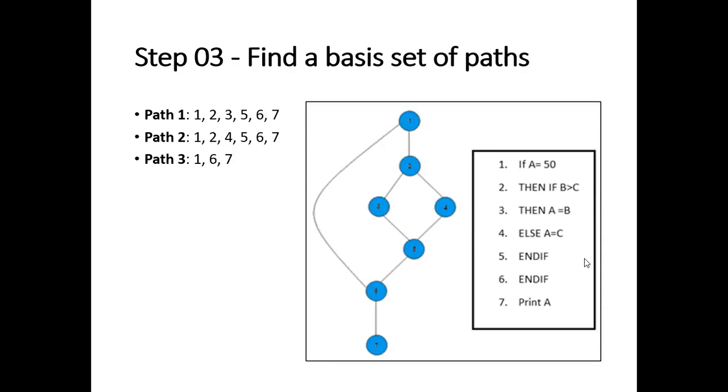So that's why we say basic path testing is a combination of path testing plus branch testing, right? Path testing simply says that each and every path should be covered. When it comes to branch testing, it means each and every branch should be covered. So in here, both are satisfied.